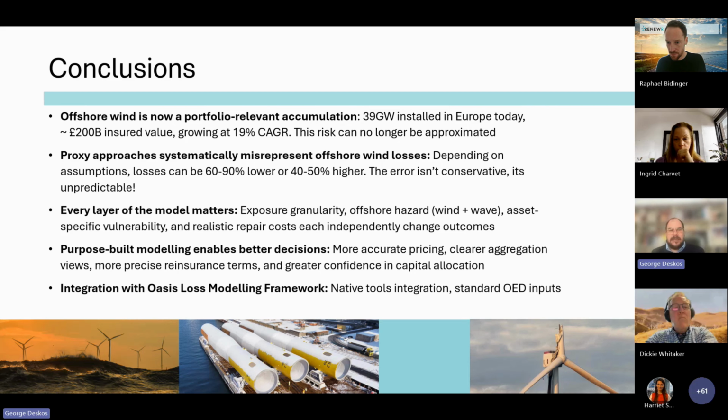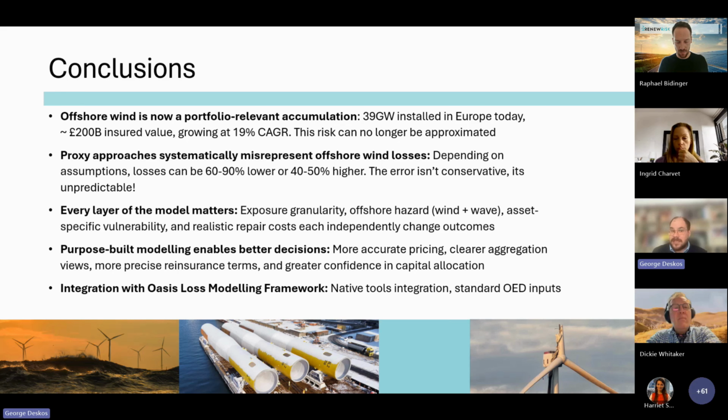And I want to say that offshore wind now, and particularly in Europe, is a portfolio-relevant accumulation, right? We have 39 gigawatts of installed capacity in Europe today that comes up to more than 200 billion of insured value, and it's growing at 90% every year. This is the annual growth rate.